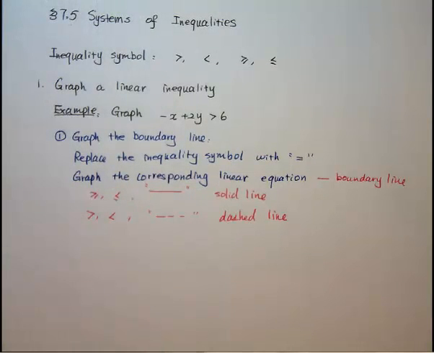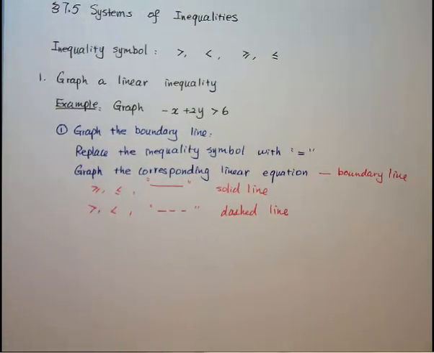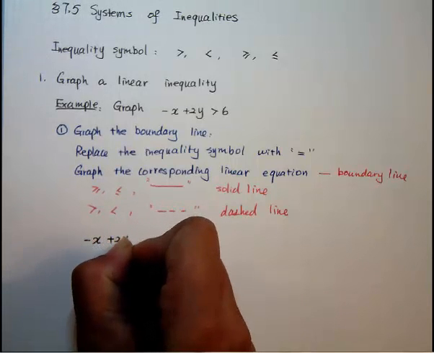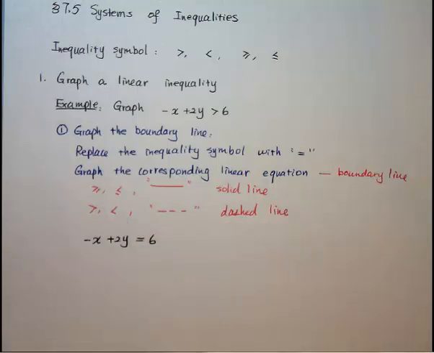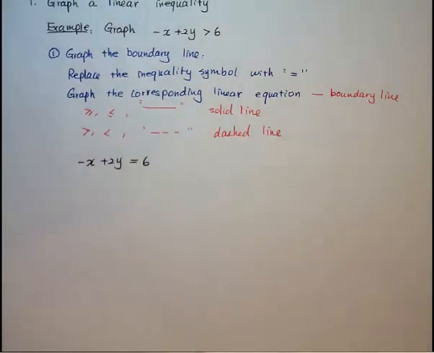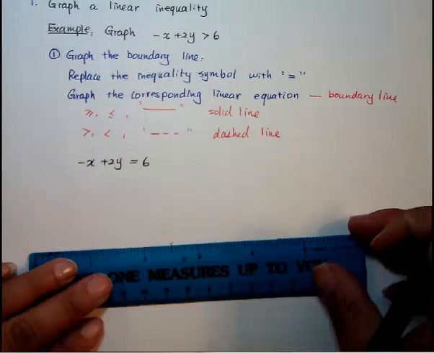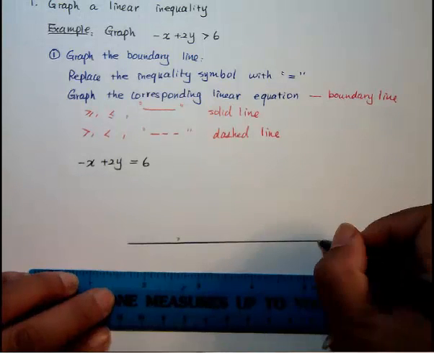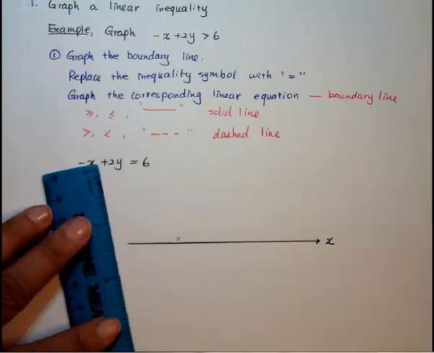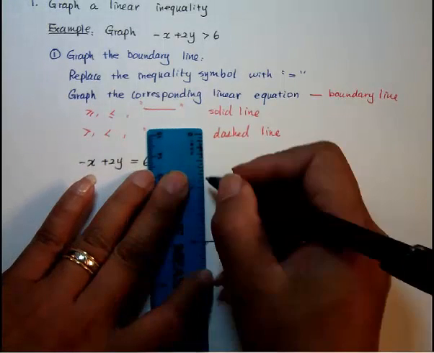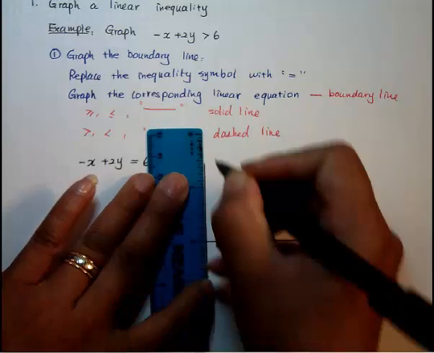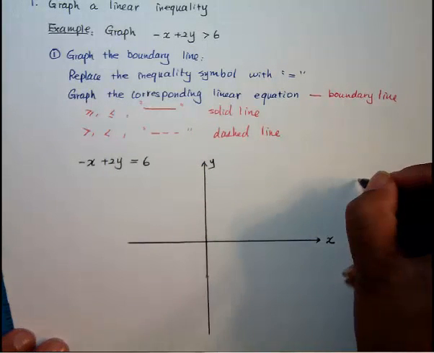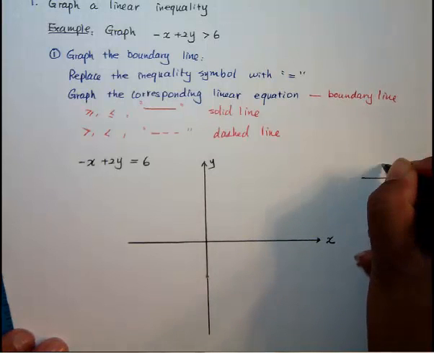If I change the inequality symbol to an equal sign, then our boundary line will be negative x plus 2y equals 6. Just like graphing other equations, we're going to graph this linear equation with a dashed line because it's not including the points. You can use the two intercepts to find the points.